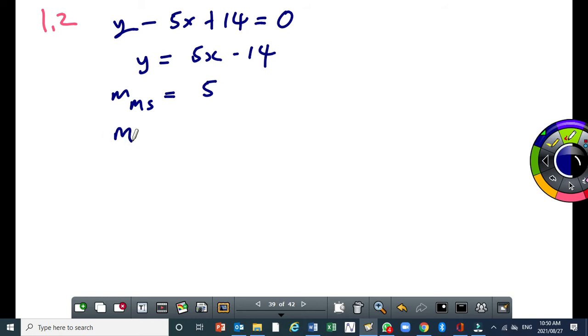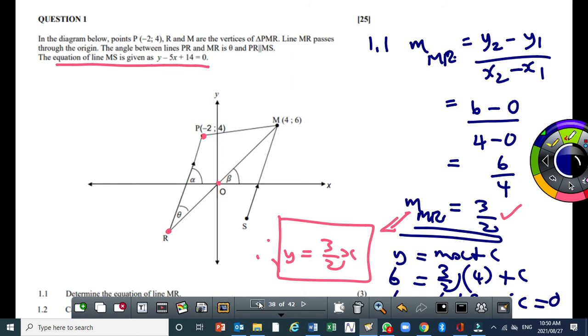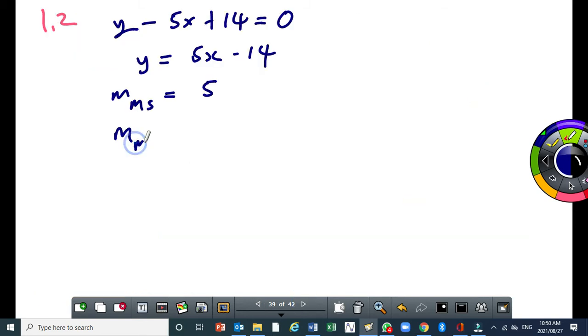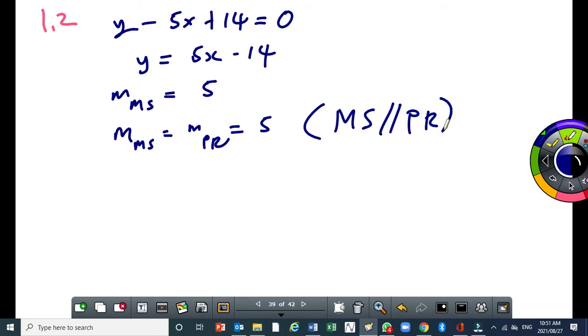Then m of PR is going to be equal to m of MS. Well, the two lines are what? Parallel. Okay, so we say m of MS is equal to m of PR, and that's equal to 5. The reason for this is that line MS is parallel to PR. Therefore, y is equal to mx plus c.